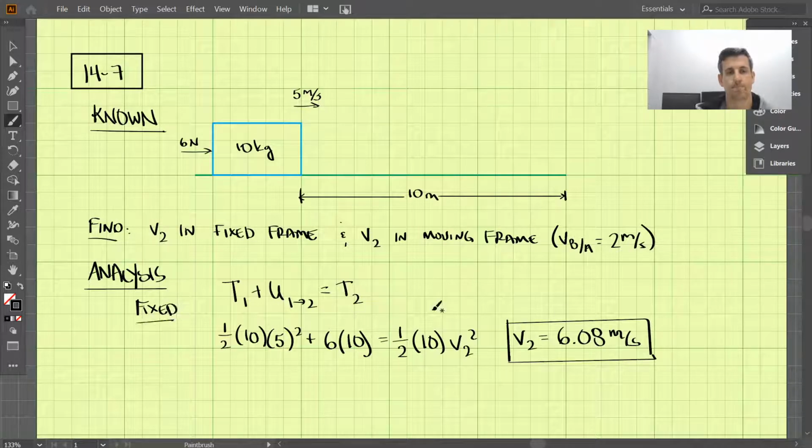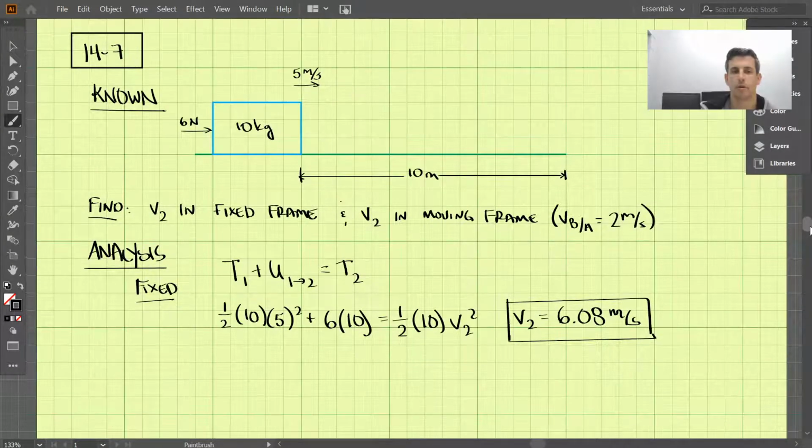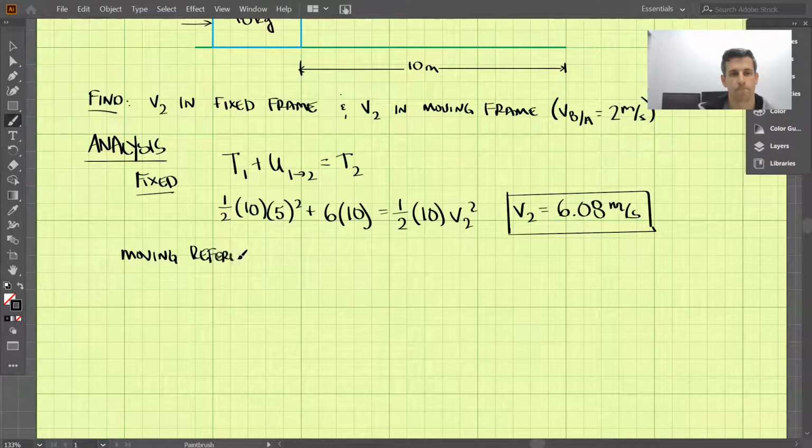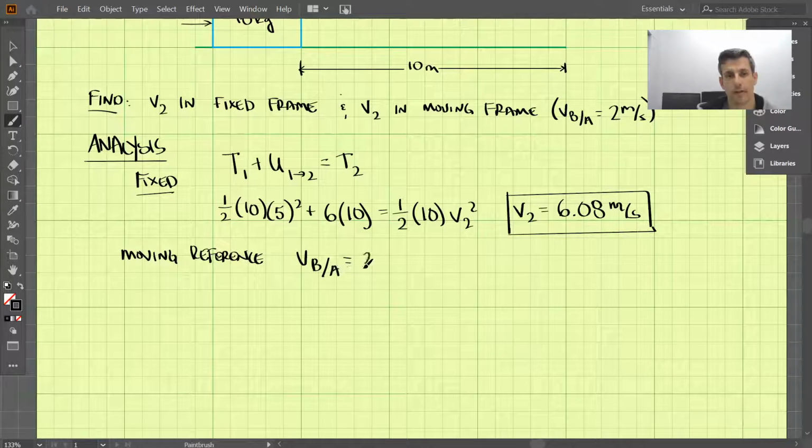Okay, so that's the first part of our answer, for the fixed reference frame. Now we need to talk about the moving reference frame. We have the velocity of B with respect to observer A as 2 meters per second. So this person is moving on a cart as this block is moving.